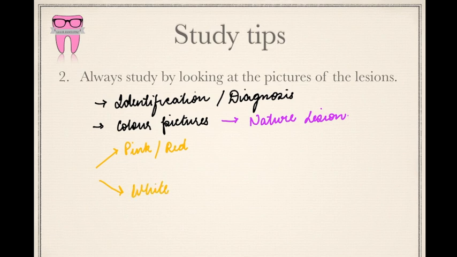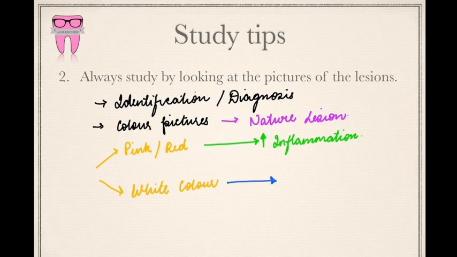Okay, the red defines inflammation, which means infection or swelling or increased blood flow, whereas a lesion which is white defines that there is increased keratin production, which gives it white color.